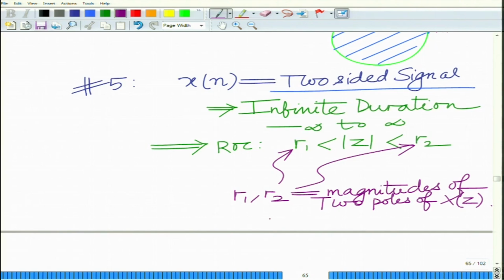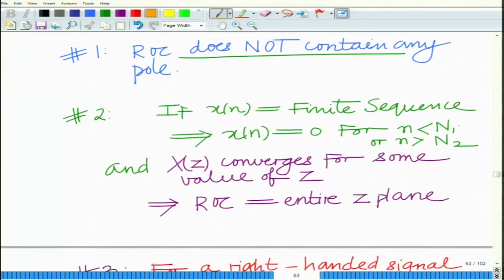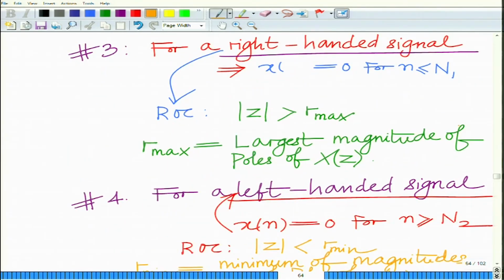So, these are the properties of the ROC. Remember, the ROC stands for region of convergence. Once again, I think we have seen that enough times before, so I do not need to go over that again. We have seen the properties of the ROC for several signals, that is what happens to the ROC for a signal of finite duration, a left handed signal, a right handed signal, and then a two sided signal.